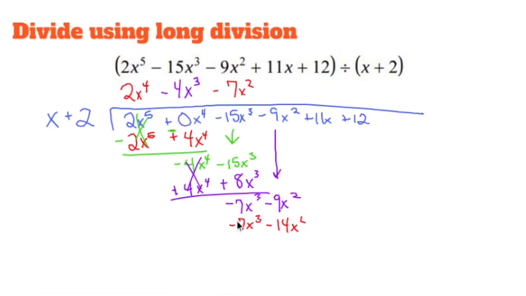Subtract this entire product, so that makes these signs switch. Negative 9x squared plus 14x squared is 5x squared.